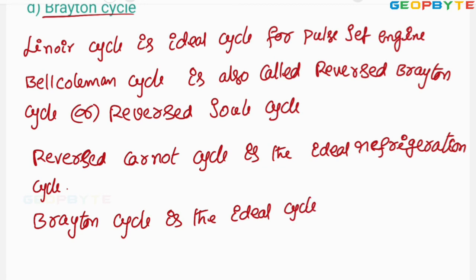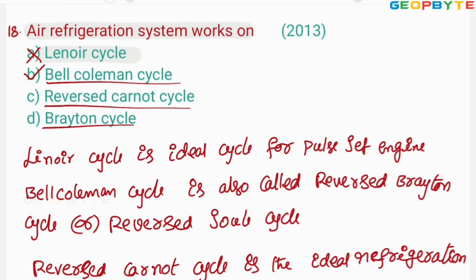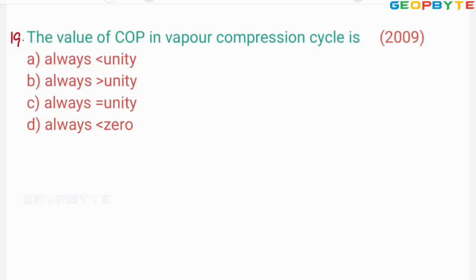I hope you got my point. The answer is: air refrigeration cycle works on Bell-Coleman cycle. Let's take the next problem.